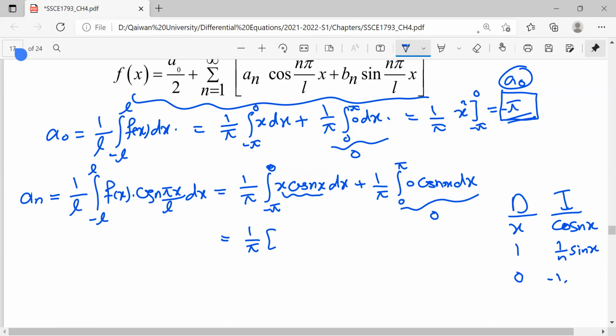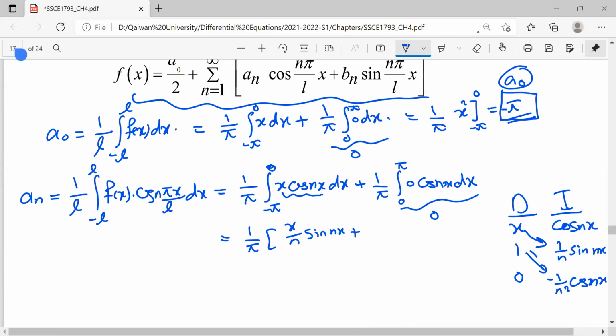Then minus 1 over n squared cosine nx. It's sine nx, not sine x. Now we multiply these two, then negative, we multiply these two. We have x over n sine nx plus.